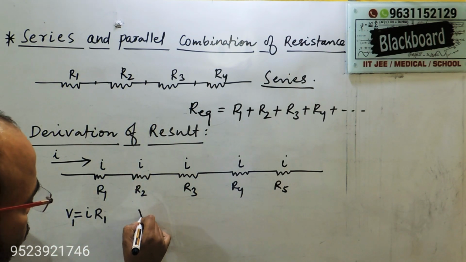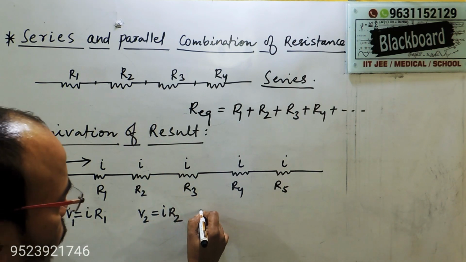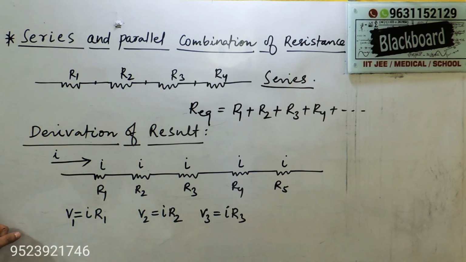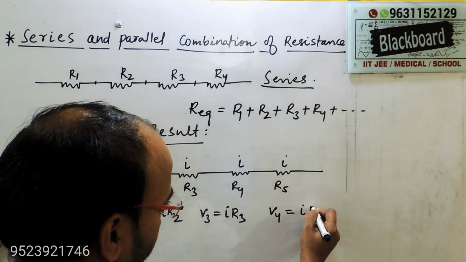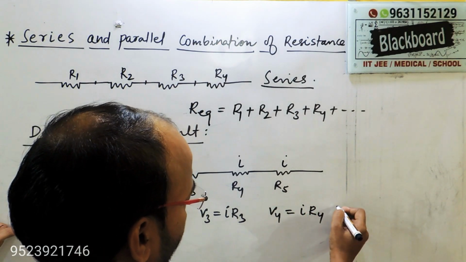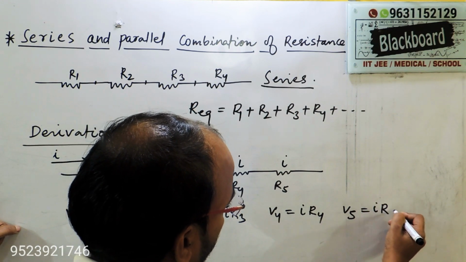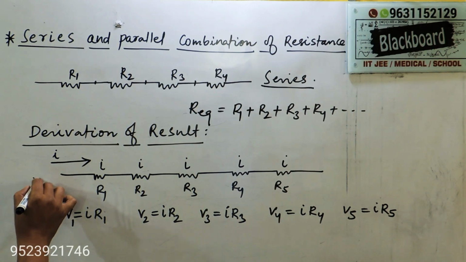Here the potential is V2, and this is IR2. Here the potential is V3, and V3 equals IR3 from Ohm's law. Here V4 equals IR4, and V5 equals IR5.